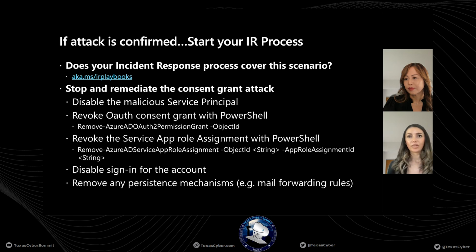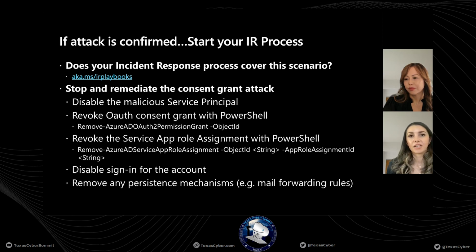And the most important one, again, that we see that is skipped because probably is the hardest one, is trying to find persistence. So the attacker tries to abuse trust, maybe through a malicious application.